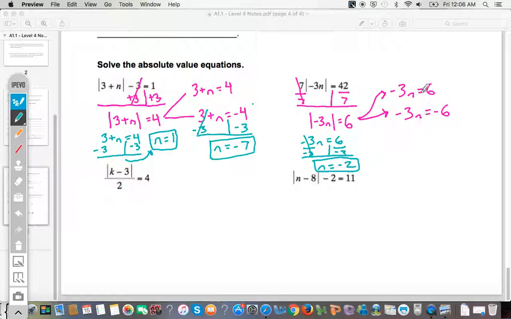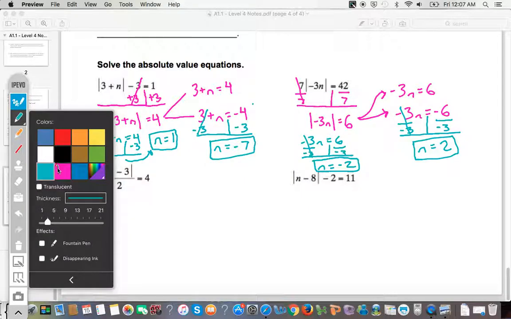Okay, so that's this top one. So this bottom one over here, I'll just do right over here. Okay, so divide by negative 3 on both sides. Negative 3's cancel. So I'm left with n equals positive 2. So those are my solutions. N equals negative 2 and n equals positive 2.